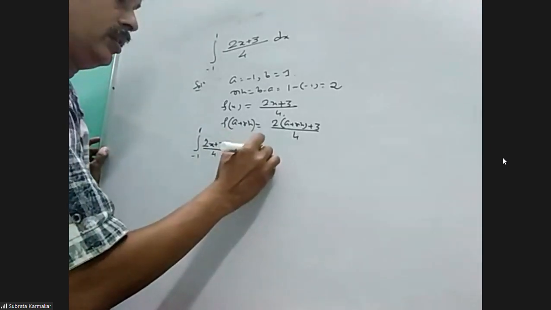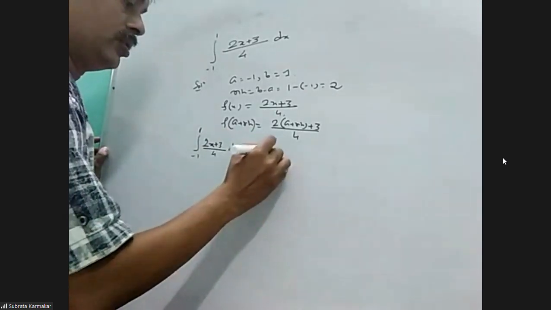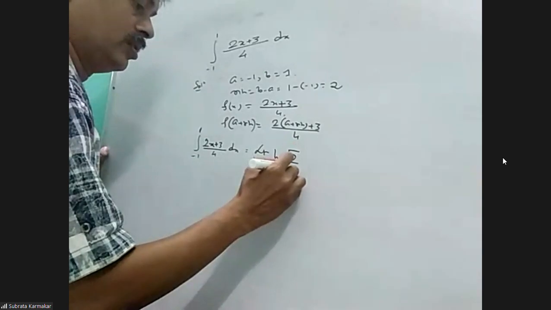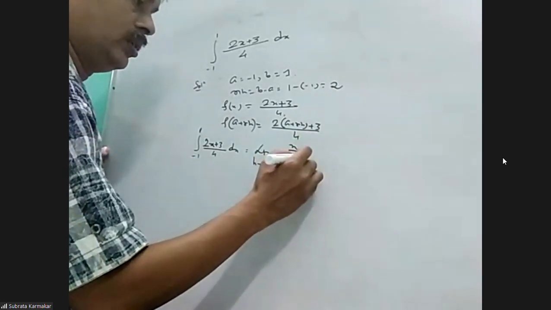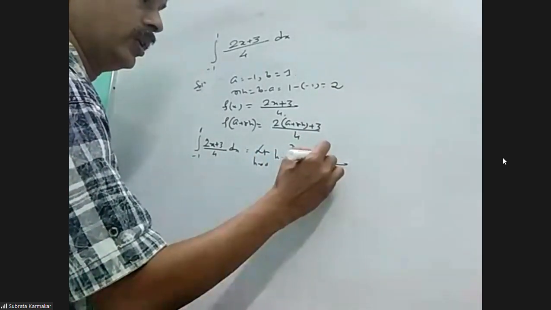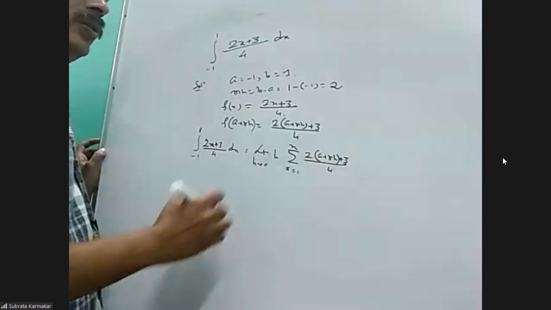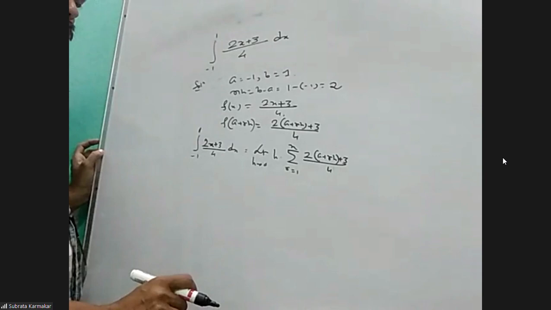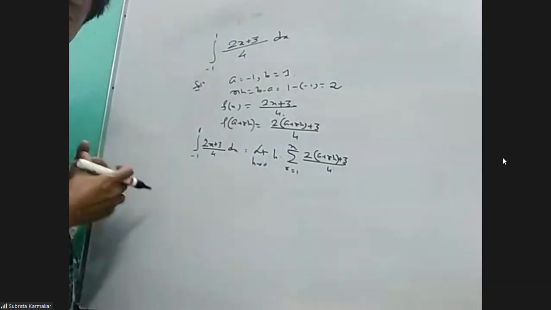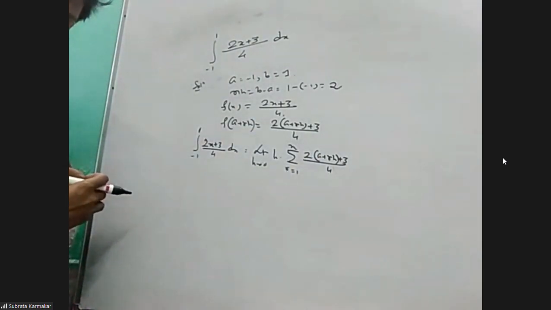So we can write limit h tends to 0, h into summation r from 1 to n, 2 into a plus rh plus 3 by 4. Is it clear? Wherever there is a, you put minus 1.